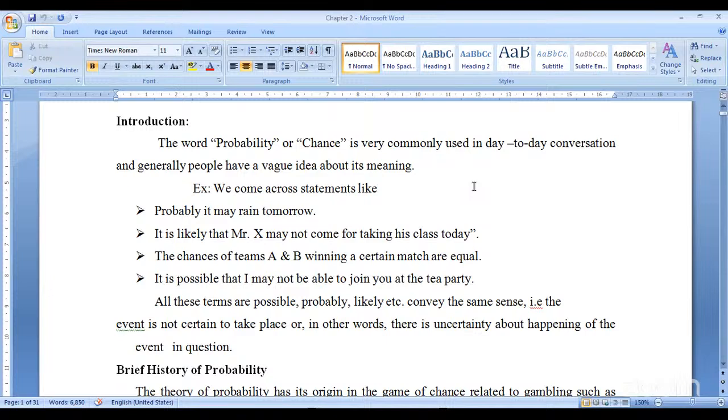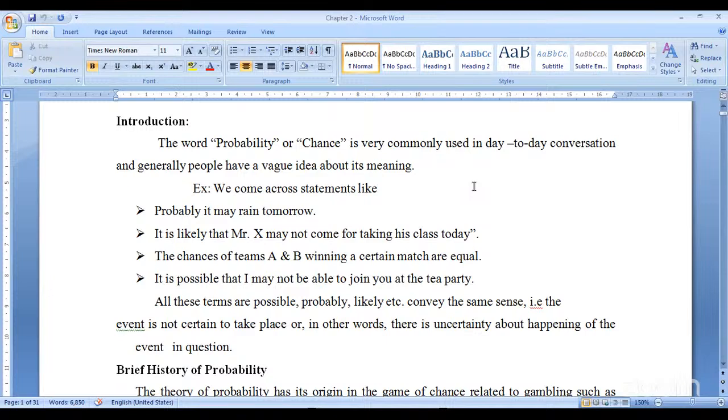The word probability or chance is very commonly used in day-to-day conversation, and generally people have a vague idea about its meaning. We come across statements like: probably it may rain tomorrow. It is likely that Mr. X may not come for taking his class today. The chances of team A and B winning a certain match are equal.